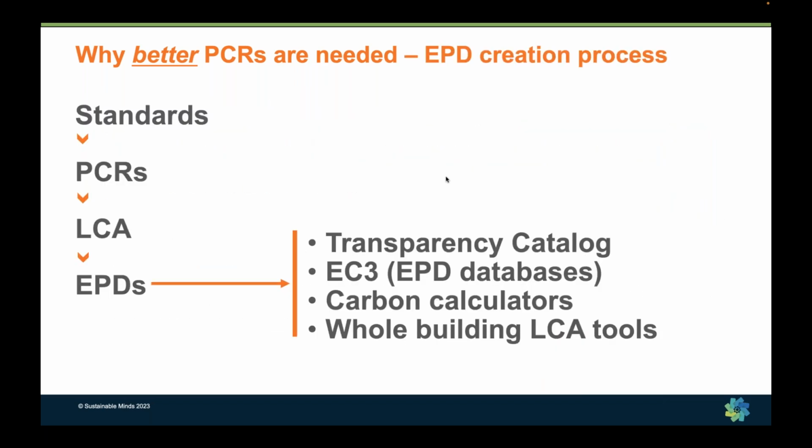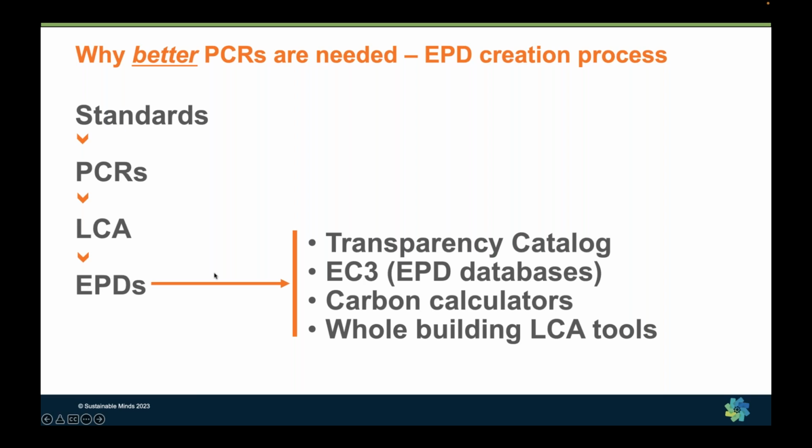So this is what the flow looks like. There's a load of international standards that drive the requirements behind the creation of PCRs, which provide the requirements for how the LCA gets done, which then provides the requirements for how the EPD gets done and published.